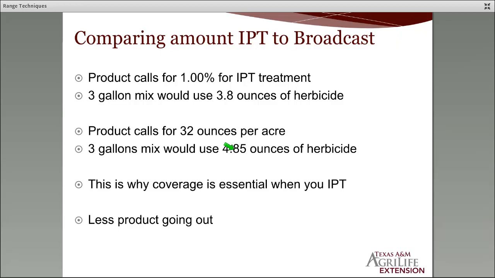However, also keep in mind that individual plant treatment typically delivers a higher rate of mortality than ground broadcast. Also keep in mind that ground broadcast gives a higher level of mortality than aerial application.